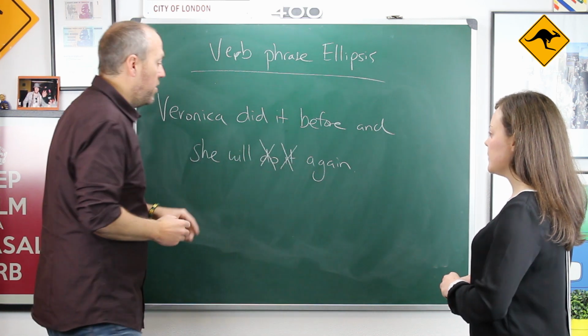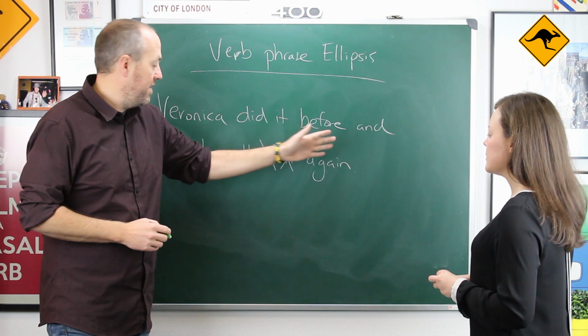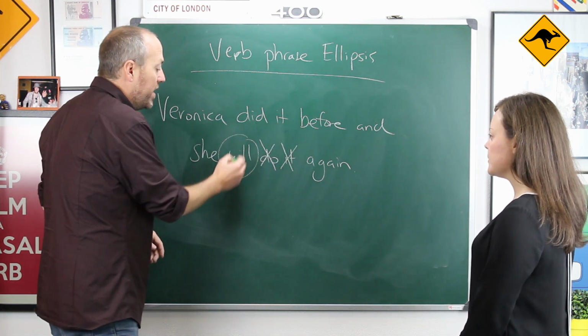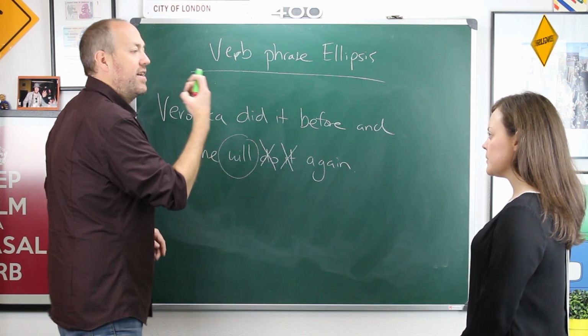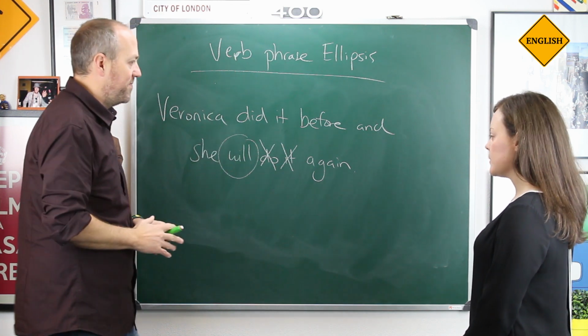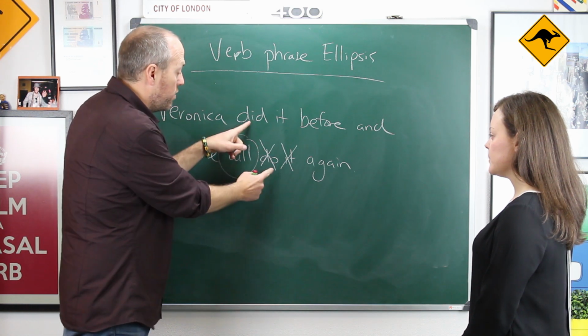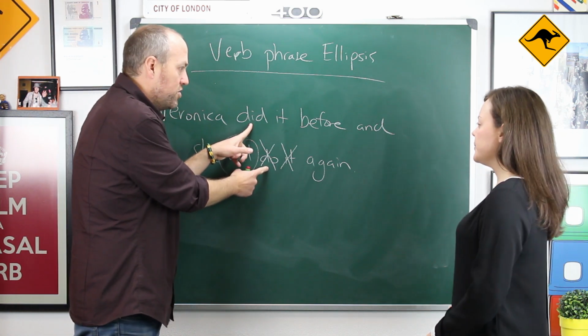So, Veronica did it before, and she will again. We're keeping only the auxiliary to indicate the future. It's not necessary to repeat the main verb, which is "do."